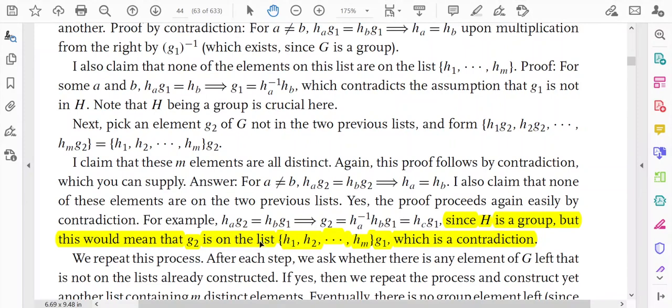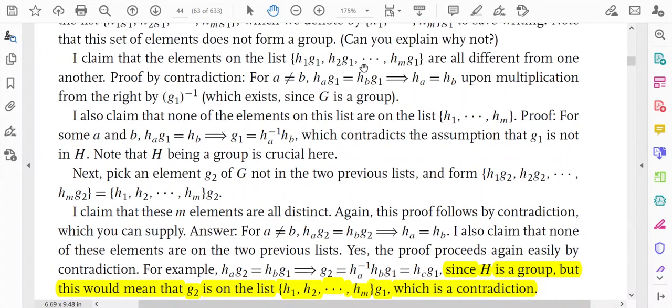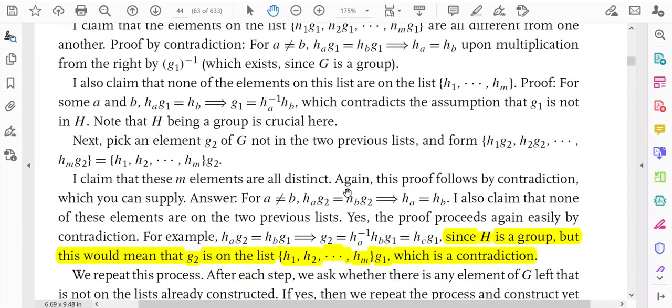For example, we are assuming that hj g2, an element from the just previous list, is equal to hb g1, which is an element of this particular group. If these two elements are equal, then we can show that g2 is equal to hj inverse hb g1. We are writing this as hc g1.